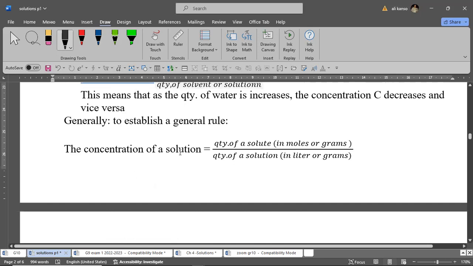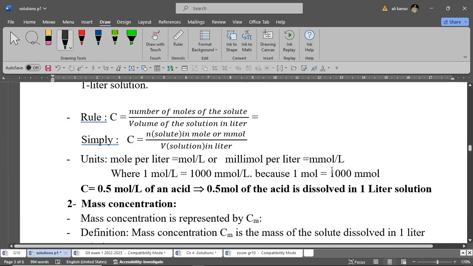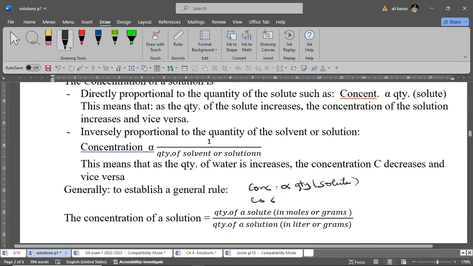The concentration of the solution turned out to be directly proportional to the quantity of solute, and inversely proportional to the quantity of solvent or solution.